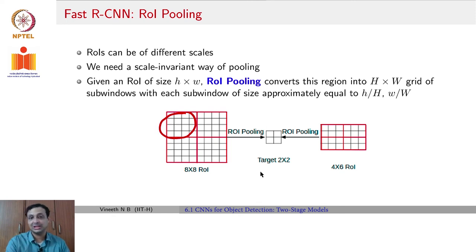You would do, say, a max pooling, and only the max value would go here, so on and so forth. So if you had a 4x6 region of interest, then you would still want a 2x2 output. So you divide it this way now, and you pool across all of these 6 pixels, and that value goes here. So that's how ROI pooling works.